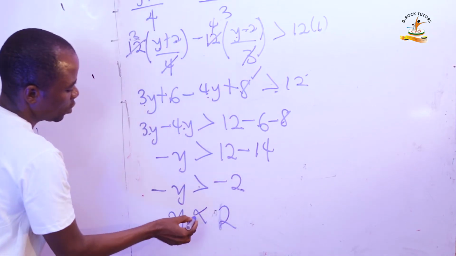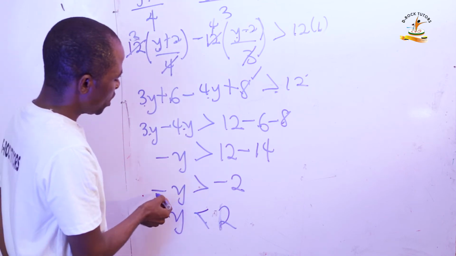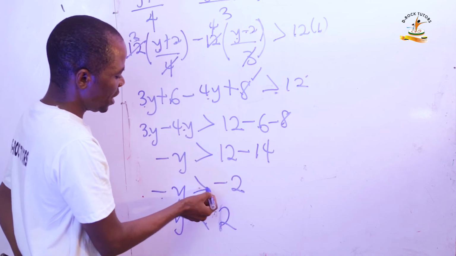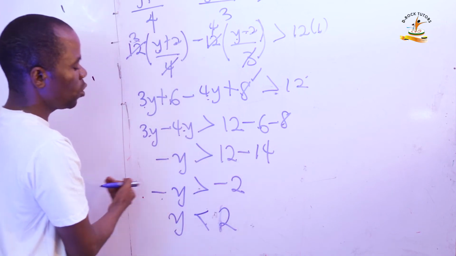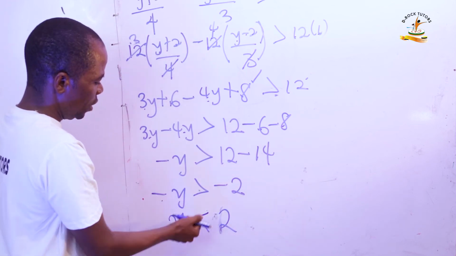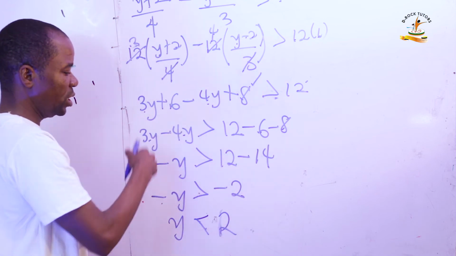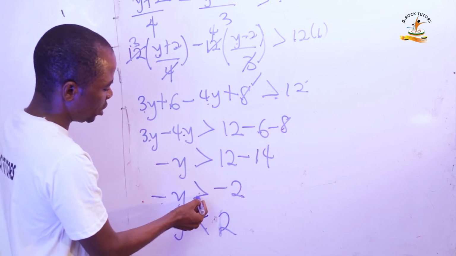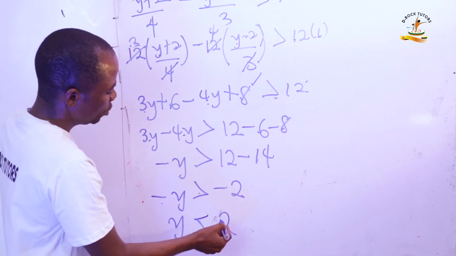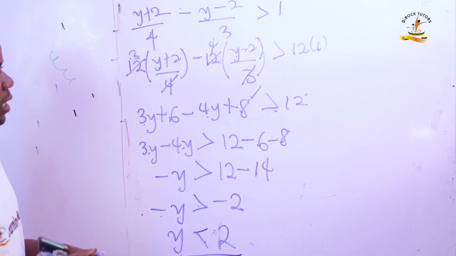Don't forget, because of the change in sign, don't be confused. Whenever we are multiplying through by minus, the sign changes. If it is pointing towards this side, which is greater than, it becomes less than. If it is less than before, when you multiply or divide through by minus, it changes sign. That is why the sign has changed from greater than to less than. So the answer is y is less than 2.